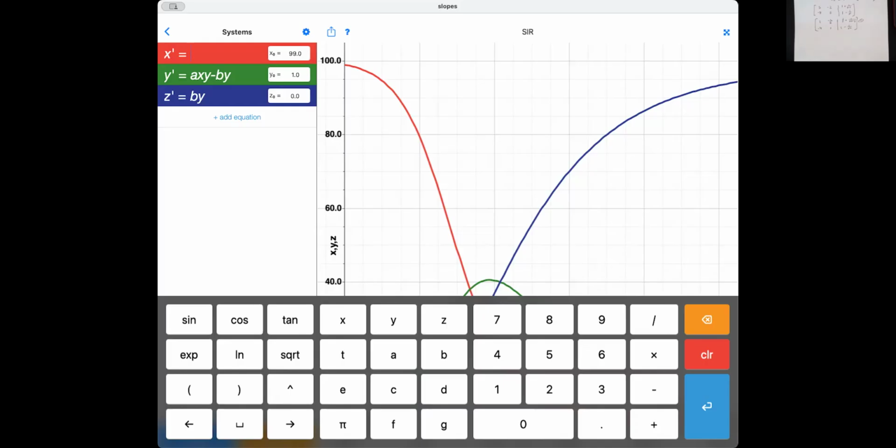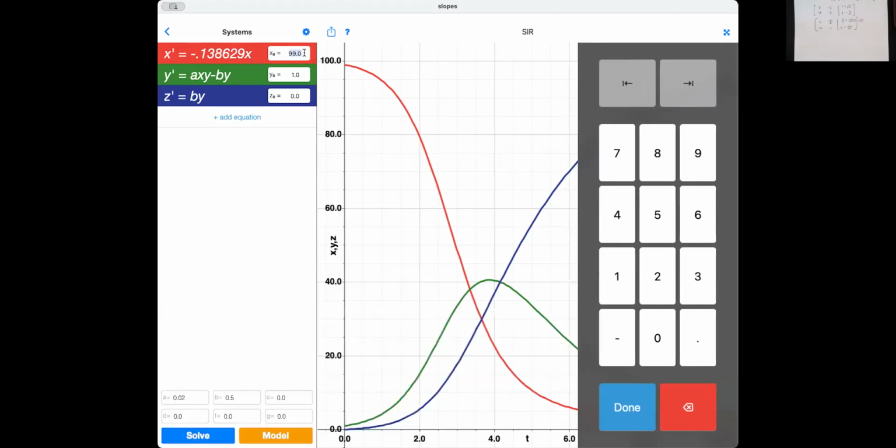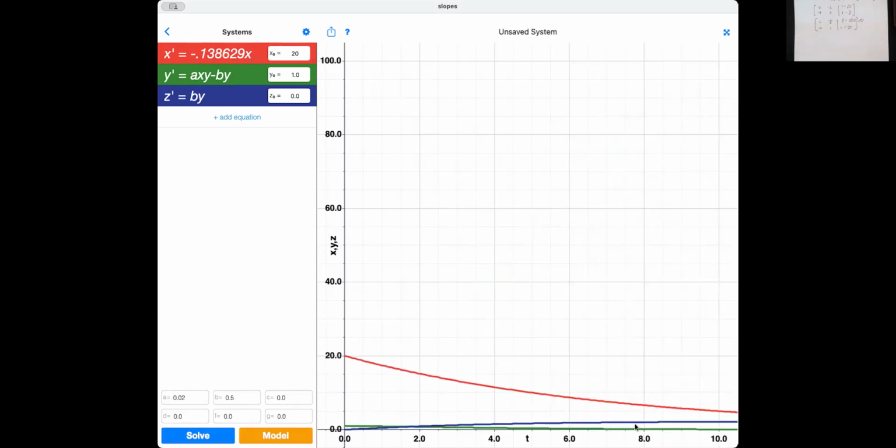So the k value is negative 0.138629 x, and x0 was 20. Right? So there's that equation.